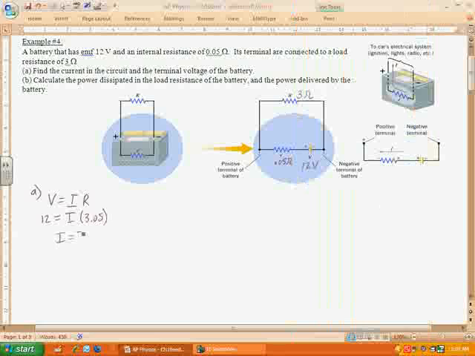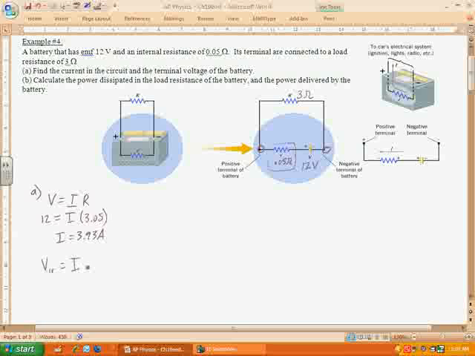Now the second question is, what is the terminal voltage of the battery? Well, if I have a current of 3.93 amps, the terminal voltage is the difference between the positive and negative terminals, right? So I know I've got 12, but I'm going to lose some of that due to the internal resistance. So let's find out how much we lose. The voltage of the internal resistance is equal to the current times the resistance.